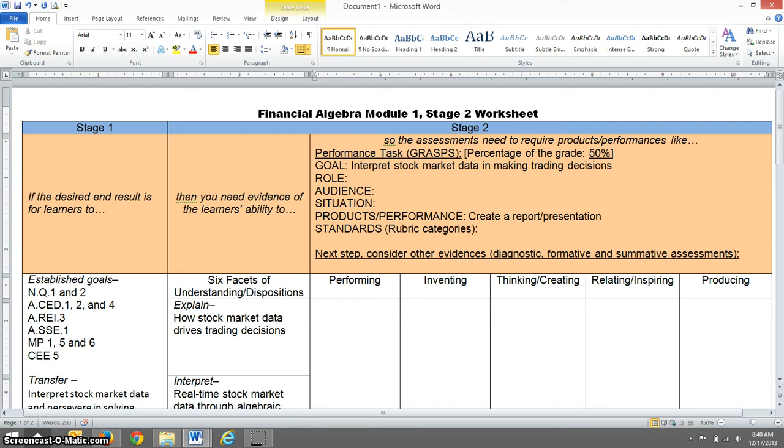There is no particular order of doing this. So the way I'm doing it, you don't have to follow it. Role. The student will be the stockbroker. Okay. The situation is that the student will make trades in the stock market or in a virtual stock market.